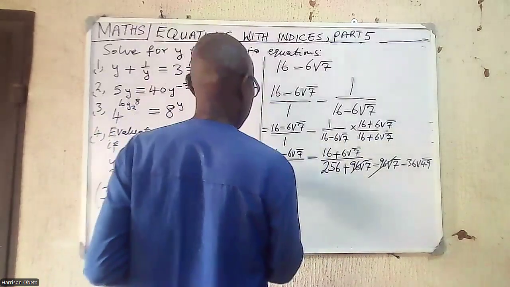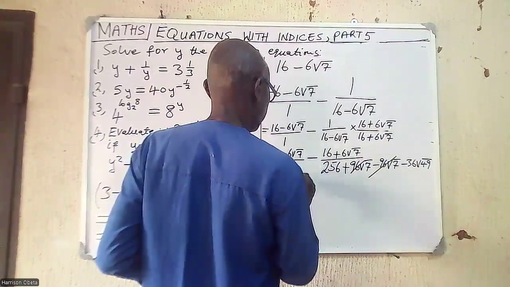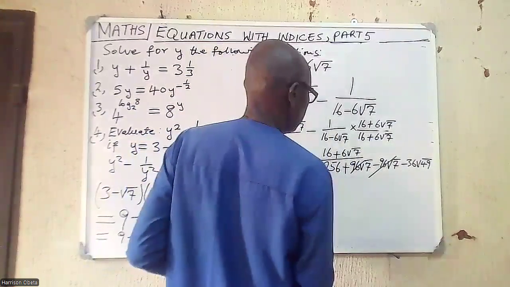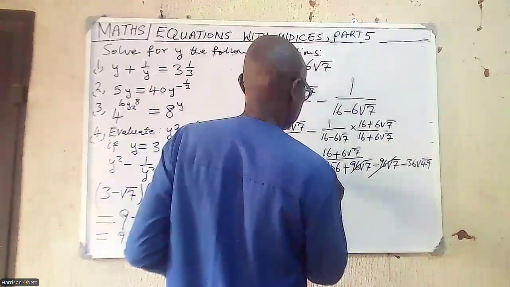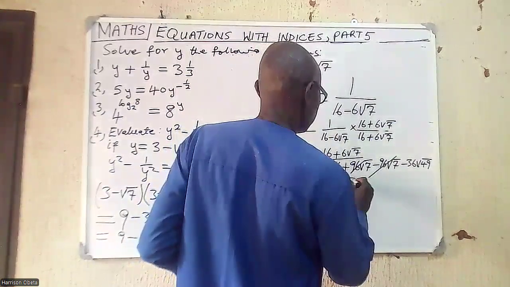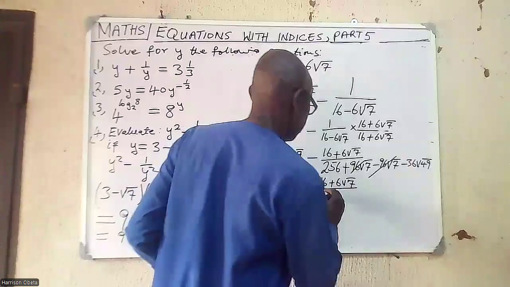And then we now have 16 minus 6 root 7 all over 1 minus (16 plus 6 root 7) all over 256.